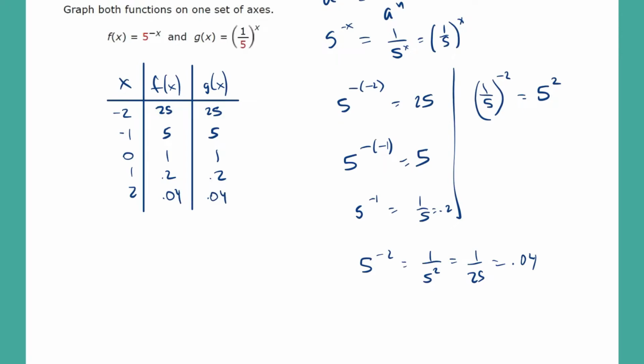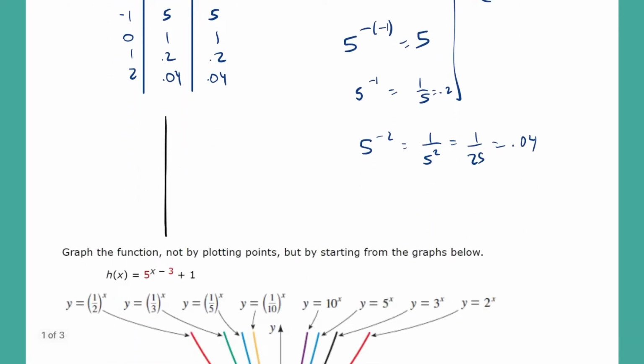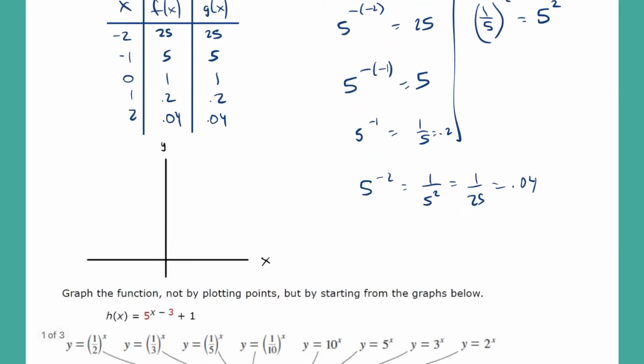Okay, so let's start our graph. Do it down here. So 1, 2, 1, 2, 1, 2, 3, 4, 5, 6. When x is -2, you're going to get 25, which is way off the chart. I'll just put a point over here somewhere to indicate that this is height 25.